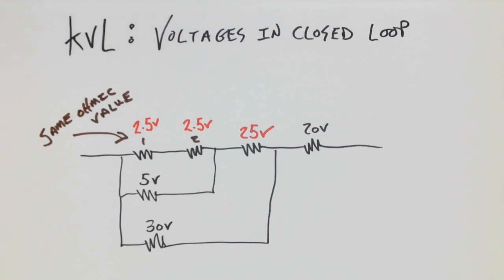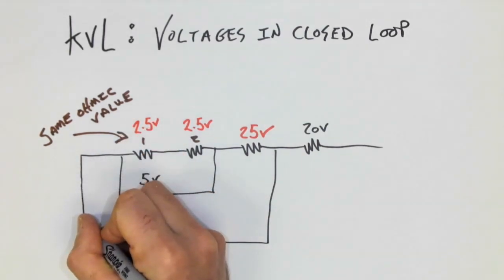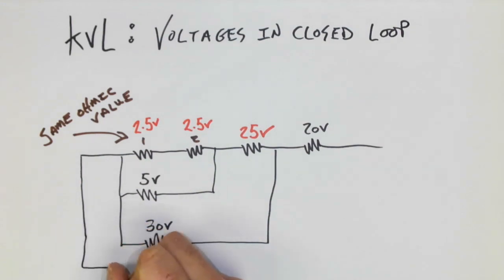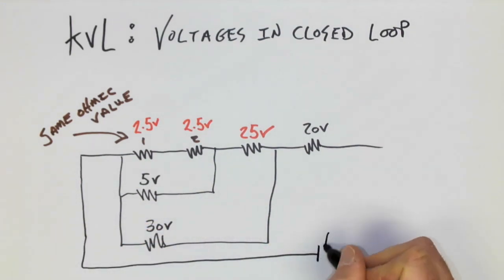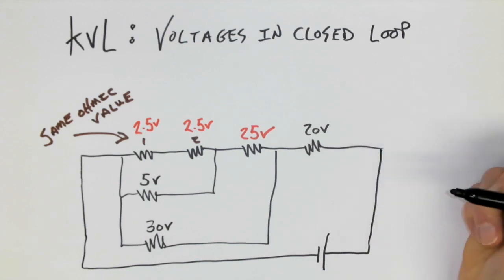Now that we know all of the voltages, we could also solve for the total source voltage. Because remember, this would have to be connected to some sort of source. And let's say the source is over here. What size is the source voltage-wise?